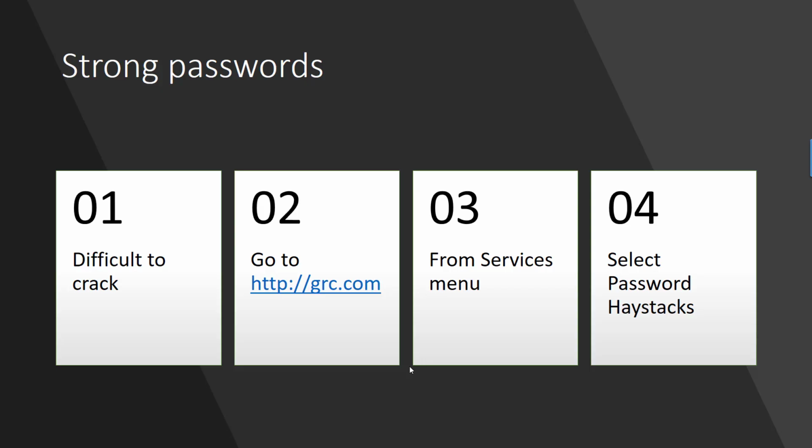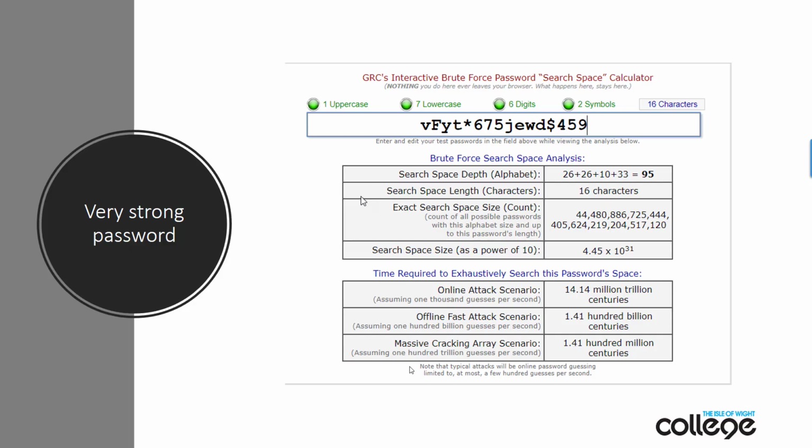So how do we make a strong password if we're going to generate a really strong key in our encryption process? They've got to be difficult to crack. If you go to grc.com, which is Steve Gibson's website, he's one of the absolute gurus about encryption and security, and from the Services menu, select Password Haystacks. Here I put in a 16-character password, with 1 uppercase, 7 lowercase, 6 digits, 2 symbols.